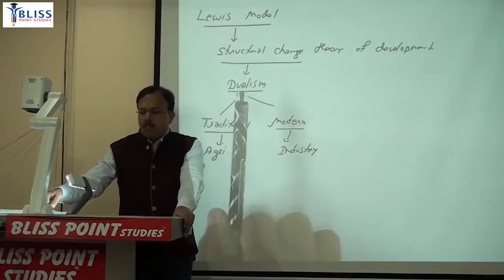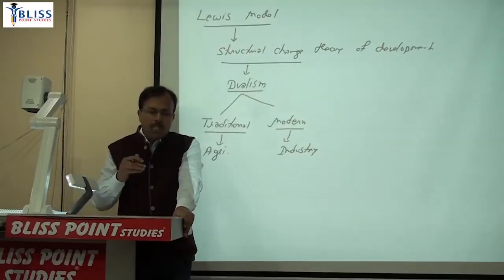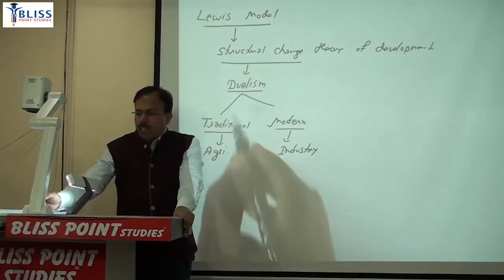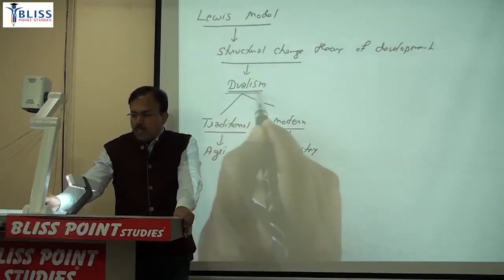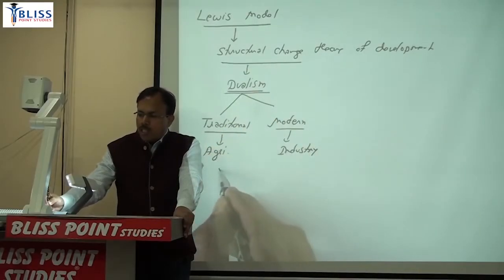That means when you do away with that dualism, only then has the ultimate aim of economic development been achieved. But how will that dualism go? This dualism will go in the sense that with economic development, workers will move from the traditional sector to the modern sector.